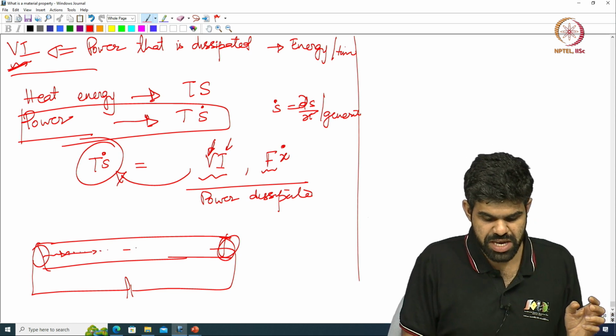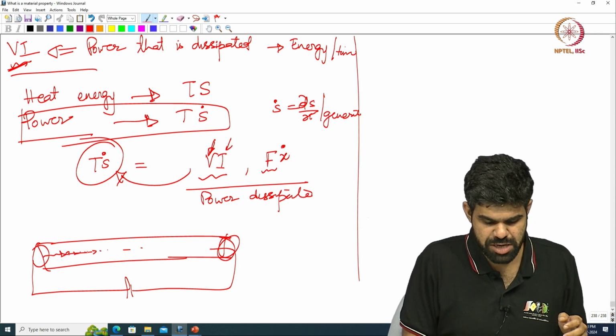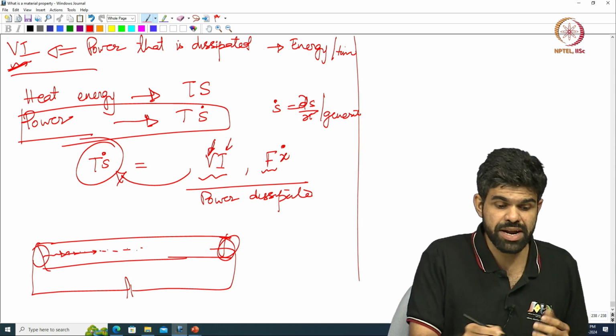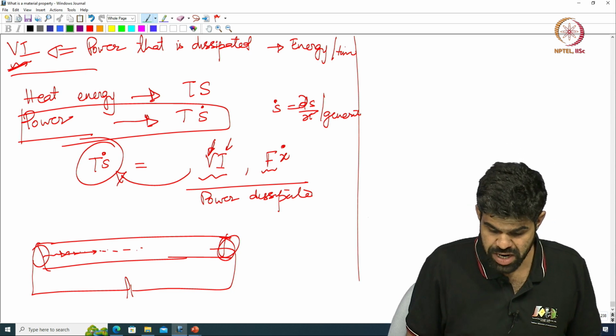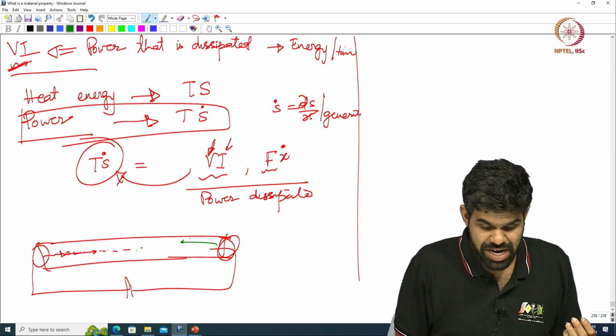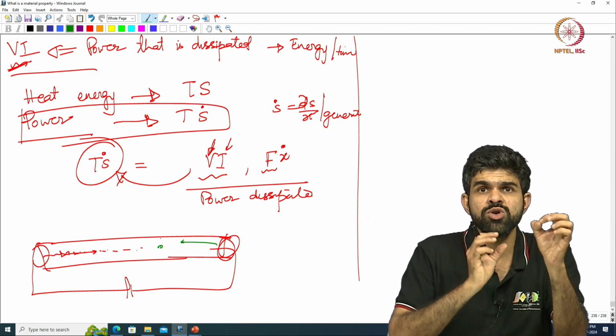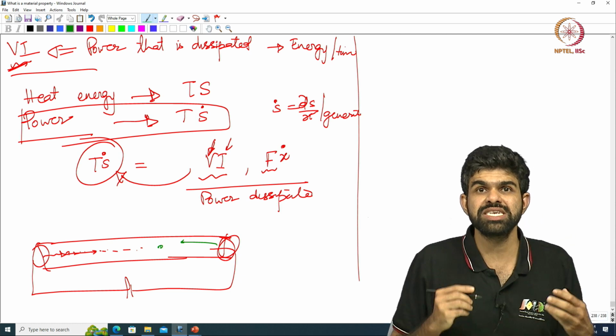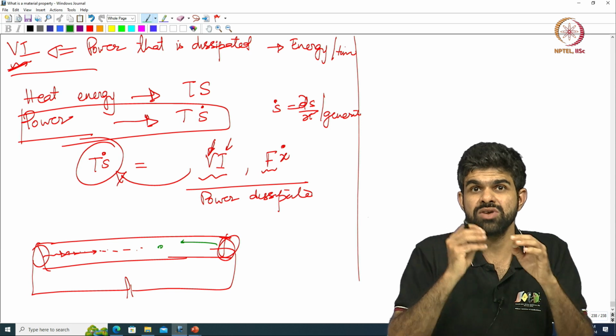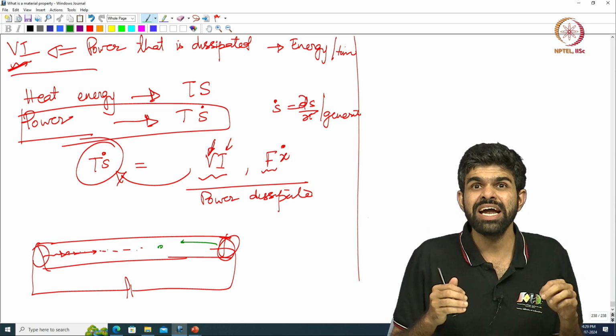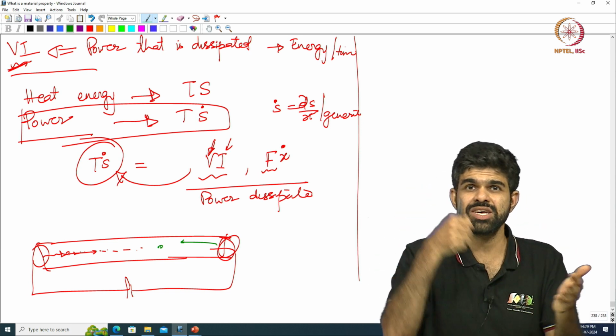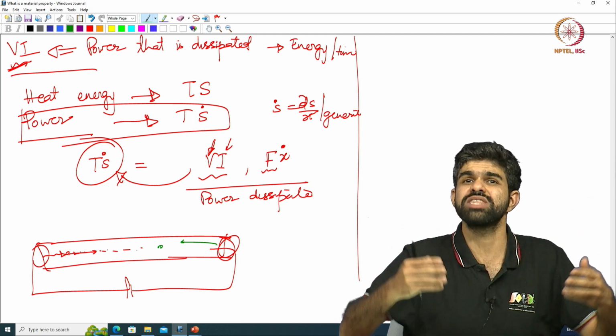Positively charged particles move in this direction, or electrons move in the opposite direction. These electrons start hitting the ion cores, there is an electron-phonon interaction, or electron-lattice interaction, and by colliding with these ion cores, the electrons give out their energy.